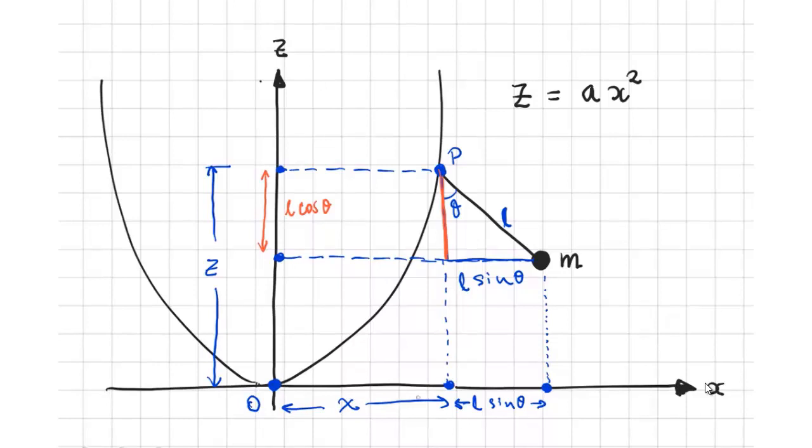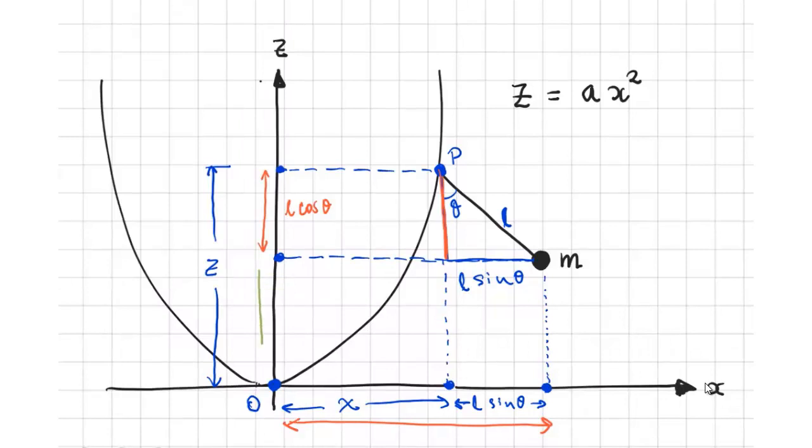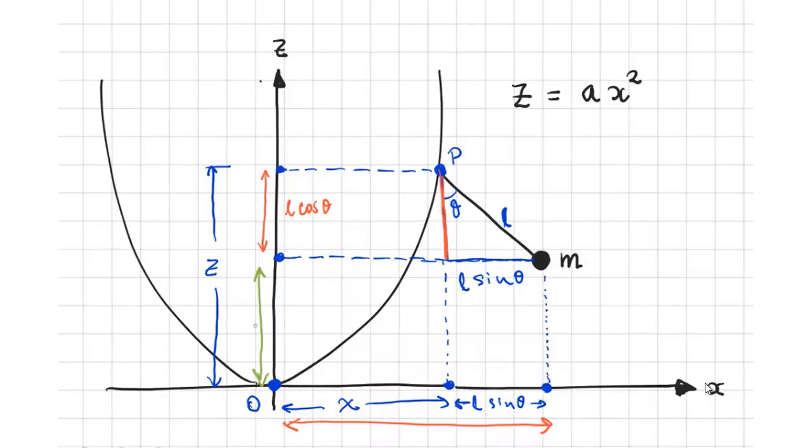So this is the position along the x-axis, all this distance, and the difference between z and L cosine of theta is the position along the z-axis, the green one. So how do we write those?